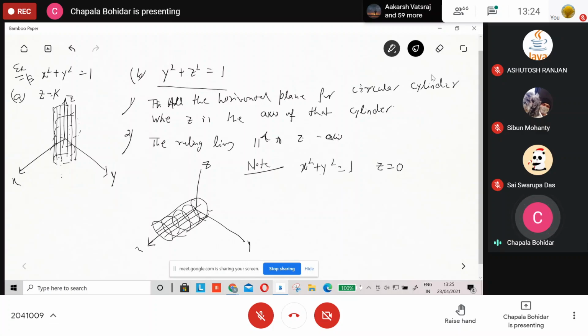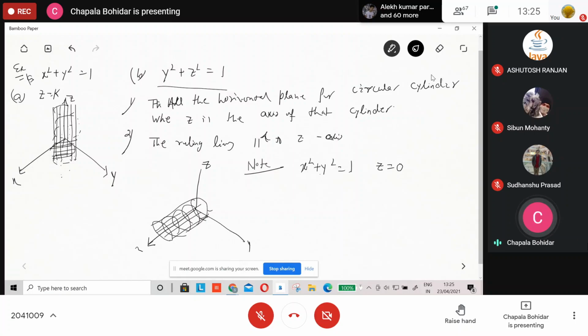Here, the trace of this cylinder. Yes? Ma'am, what you said earlier? Z is equal to 0. Trace of the cylinder, if you trace it like this, what you get? You get each one is a circle. That is where? That is in your xy plane. Okay? In xy plane, z is equal to 0. Clear?